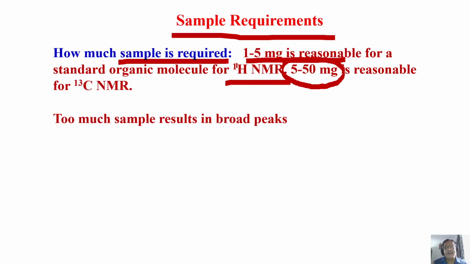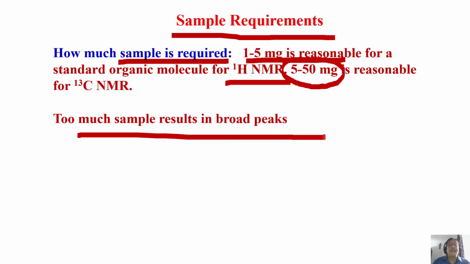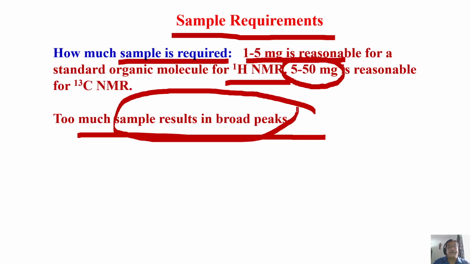Of course, you may say I have synthesized a lot of compound, the quantity is very high, so I can take more sample and do the experiment faster. No, that is not allowed. Too much sample sometimes results in broad peaks. You have to take an appropriate, optimum quantity of the sample.